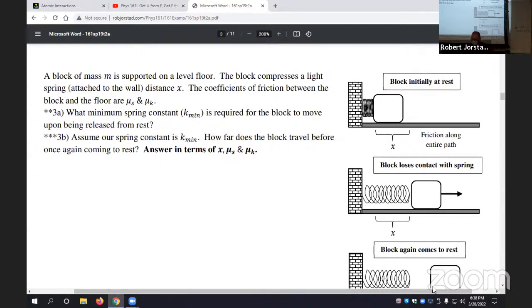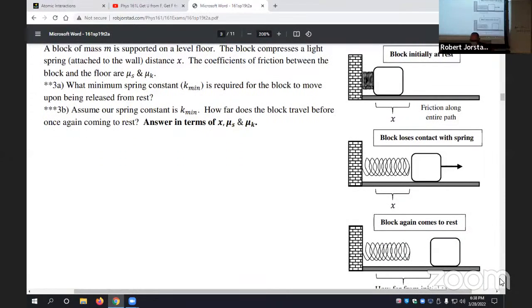All right, let's look at this one. What type of problem does this look like? I'll give you a second to read it. You got a block on a level floor. The block compresses a spring, distance x. What minimum spring constant is needed for it to move upon release from rest? And assume our spring constant is that. How far does the block travel? So when I think about the block traveling, what type of problem does that look like?